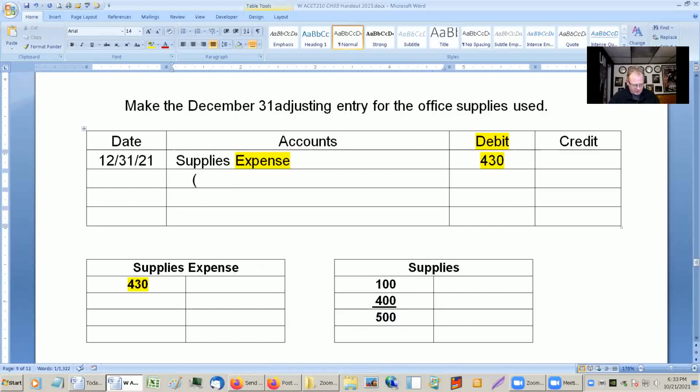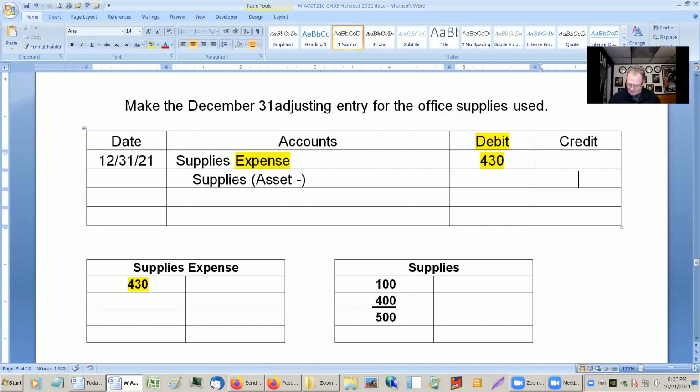So we have to reduce these supplies. It's an asset going down, so we're going to credit it. Now, again, expenses are debits.